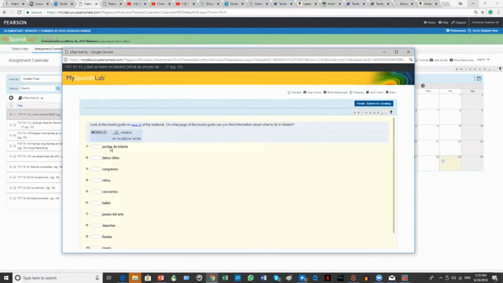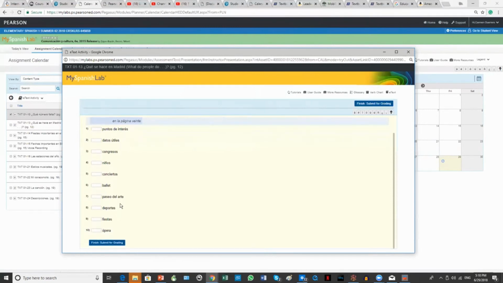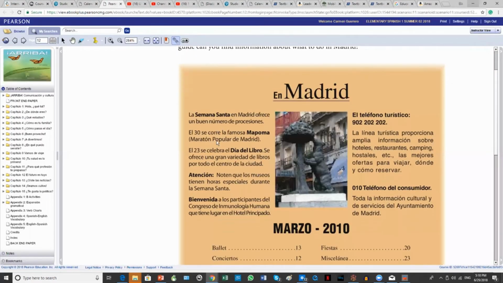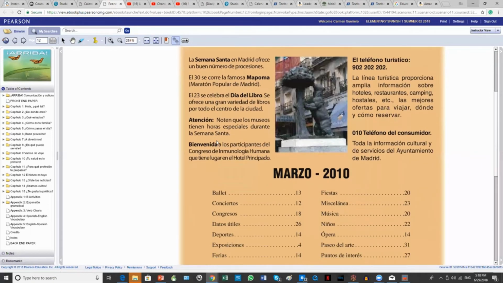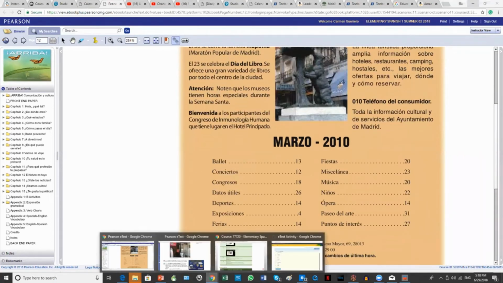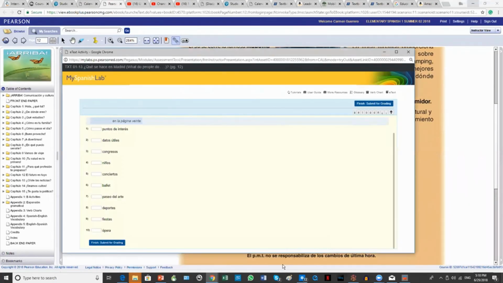So, ¿cuántos puntos de interés, cuántos datos útiles, cuántos congresos, cuántos niños, cuántos conciertos? And based on this reading, you guys are gonna be finding the datos útiles, and you're gonna be responding the numbers over here, see?